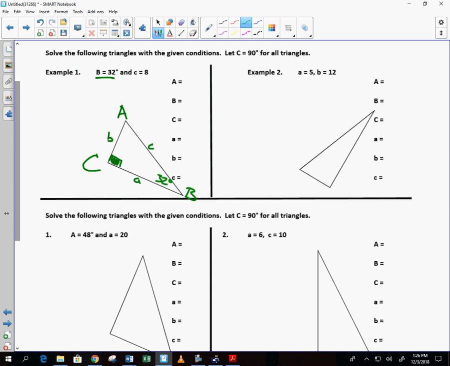It's how we set it up to make sure we're all talking the same language. So everybody okay with that? All right, which side am I given up here? Which one do I know? C. C is 8.